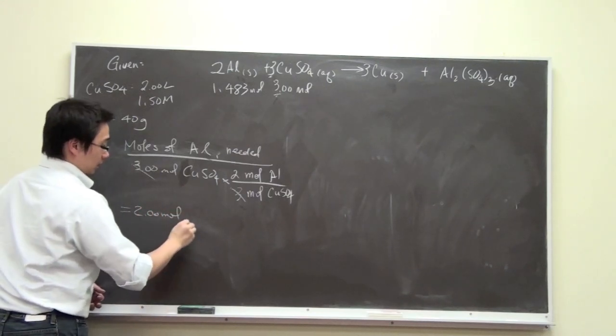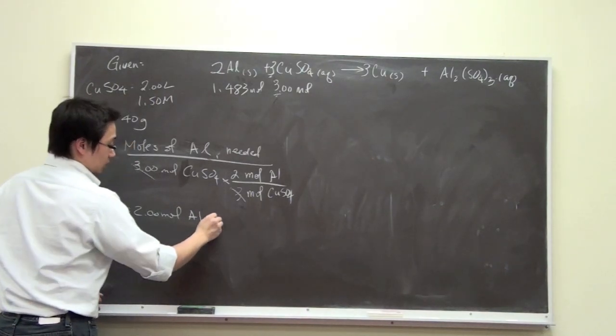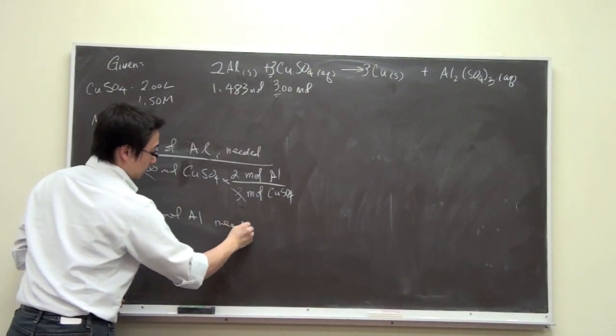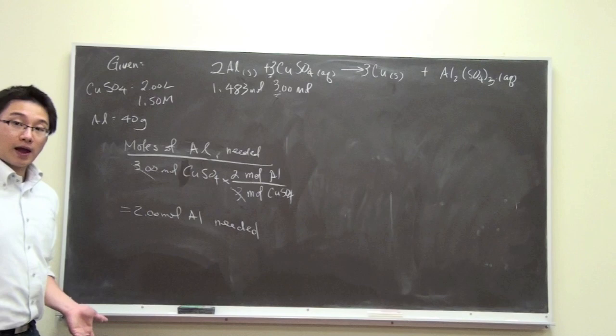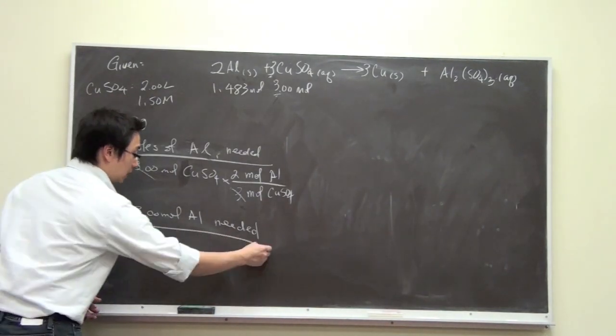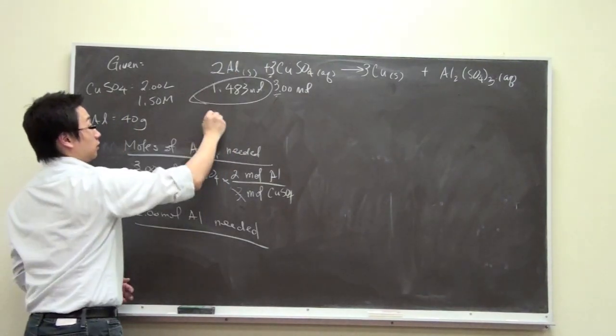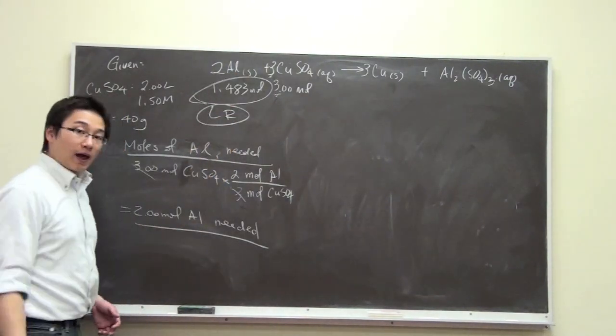So we would need 2 moles of aluminum to carry out the reaction to completion, to use up all these. This is the amount we need, but this is the amount we have. So we can tell that the aluminum is the limiting reactant.